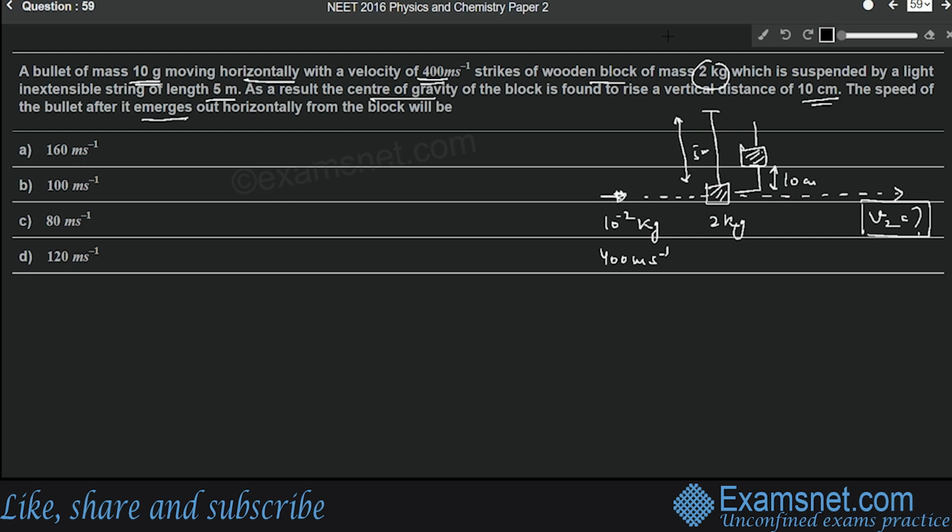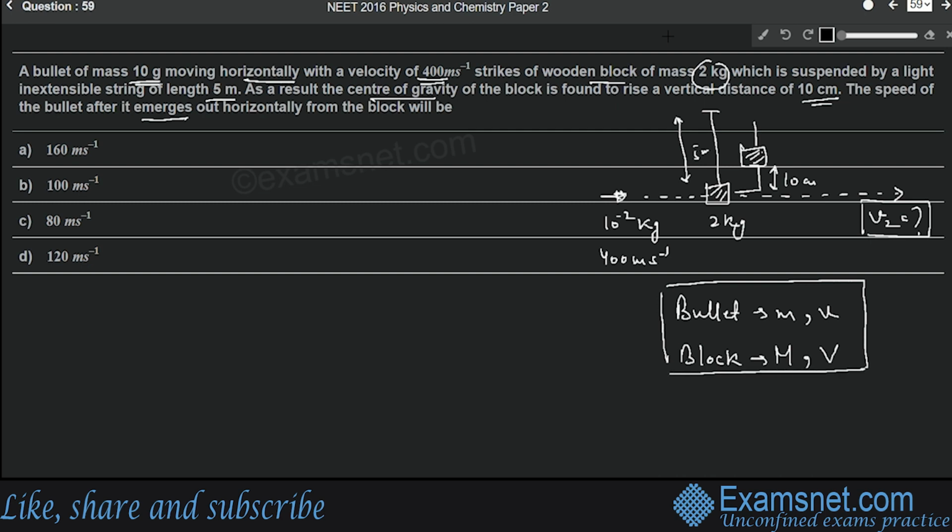Now I am taking the mass and velocity of the bullet in small letters: small m for mass and small v for velocity. Similarly for the block, I'm taking capital letters, capital M for mass and capital V for velocity. So don't get confused. Now here we'll use the law of conservation of linear momentum.